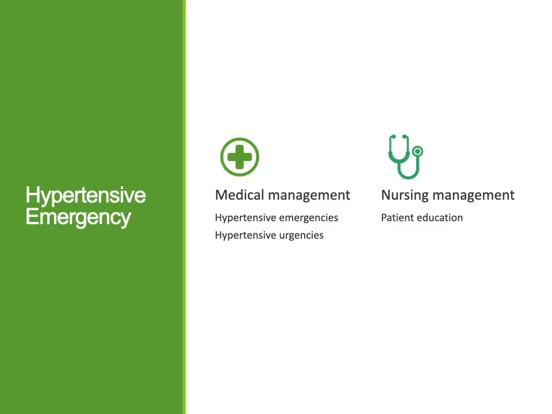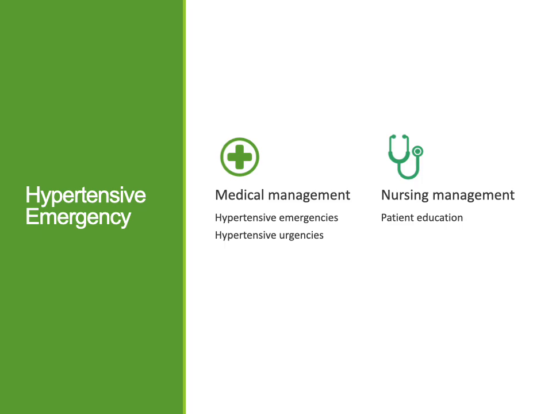Arterial lines are really important to have in a hypertensive emergency to keep that blood pressure really close to the target goals. If patients have a systolic blood pressure greater than 220 over 120, we're going to lower those a little bit more slowly, at 10-15%, and monitor for any signs of end organ damage.